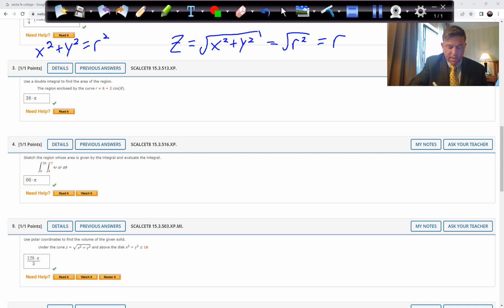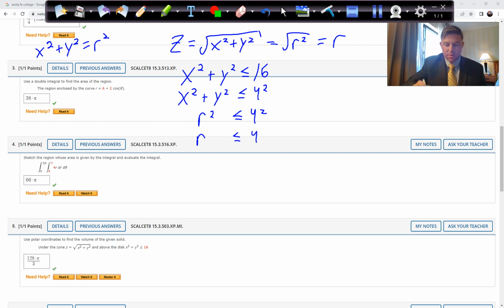Then they say above the disk, so that's going to be the region we draw. This is x squared plus y squared is less than or equal to 16. Well, this is really saying x squared plus y squared is less than or equal to 4 squared. And this is going to be r squared less than or equal to 4 squared, or r is less than or equal to 4.